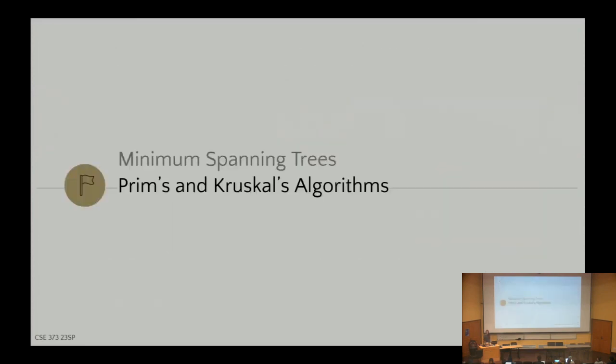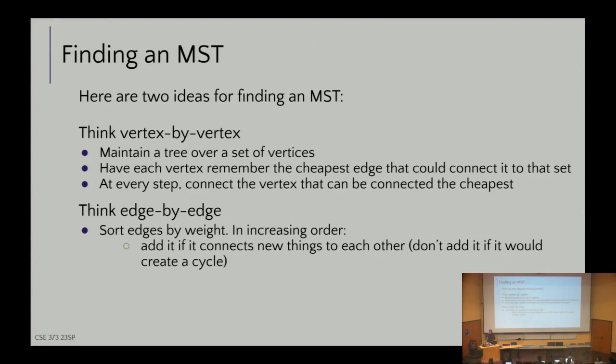Great. Okay. So that's the minimum spanning tree problem. Let's talk about how to actually solve it. There are two generally popular algorithms to accomplish this. You can think of this in terms of thinking either vertex by vertex or edge by edge.